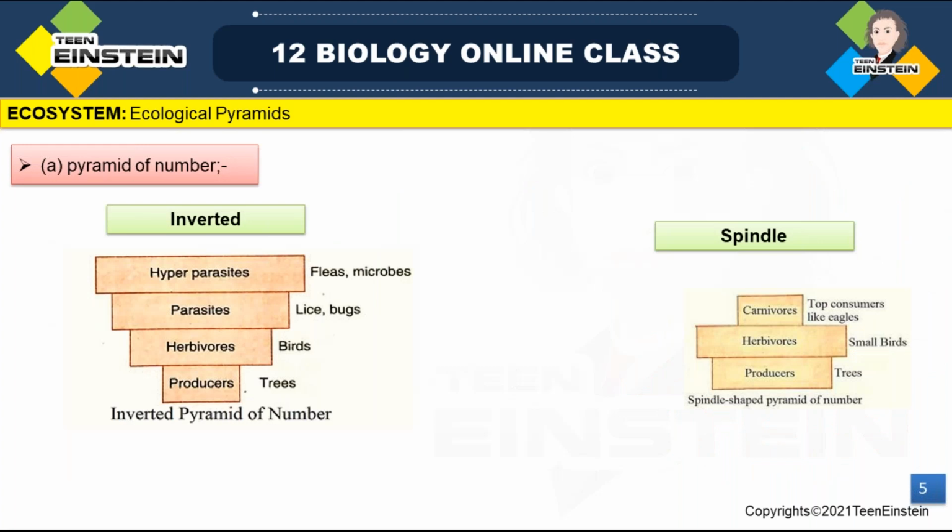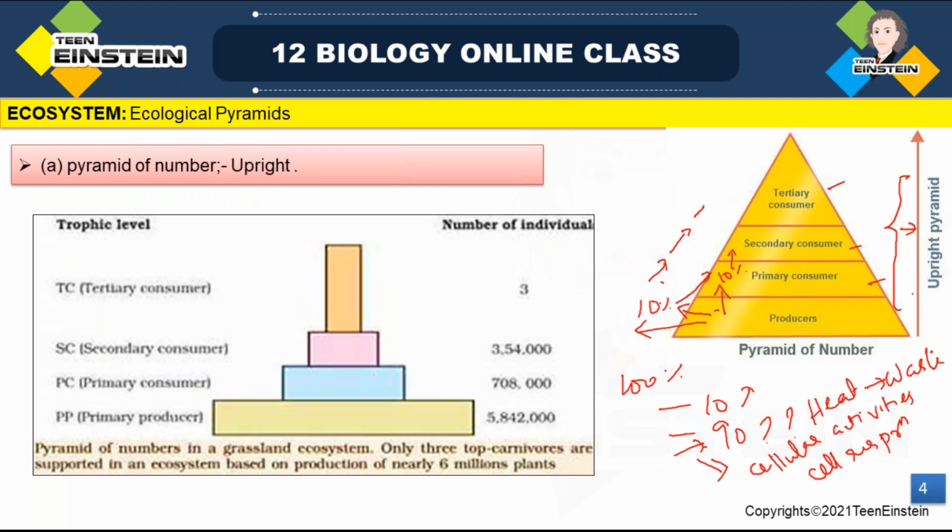Next, here in this we need to learn the pyramid of numbers in a grassland ecosystem.